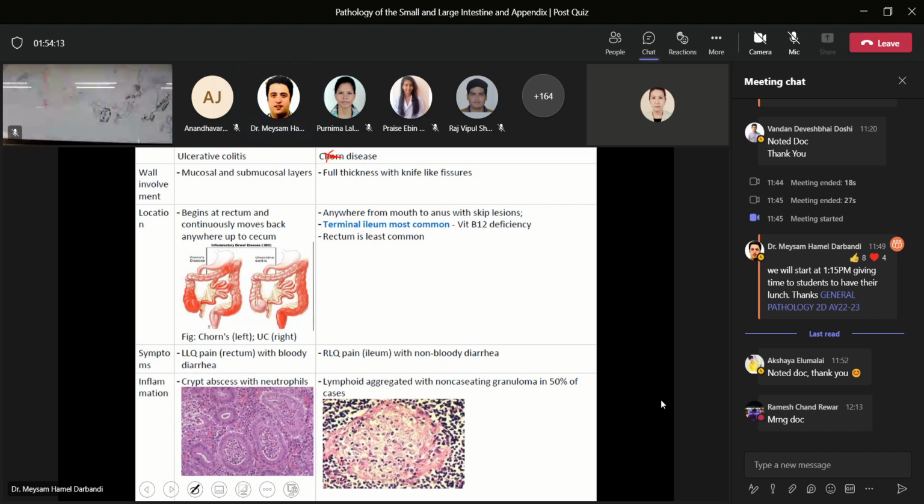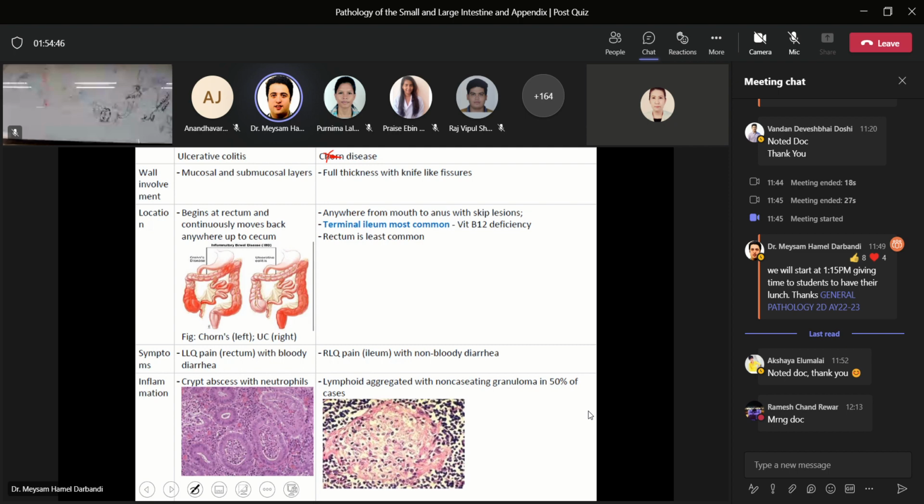So rectum is least common, right? So what are the symptoms? What is LLQ? Lower left quadrant. Is it not better we say left lower quadrant? And then right. Okay, very good. So inflammation is crypt abscesses with neutrophils in ulcerative colitis.